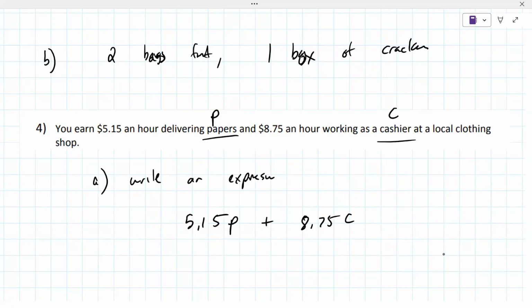Papers, cashier, or clothing or delivering, something like that would be better than just sequential letters. It doesn't really matter, but that is a consideration.